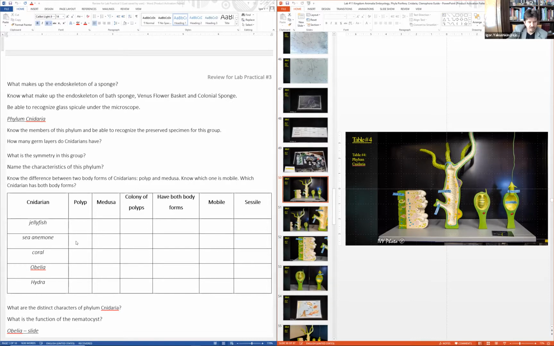Sea anemone is a polyp, usually a single one, and it's sessile. Coral, usually a polyp, a colony of polyps, and usually sessile. Obelia, I'll show you the pictures of that. That's technically a polyp, a colony of them, has both body forms, and it's sessile. I'll explain that momentarily.